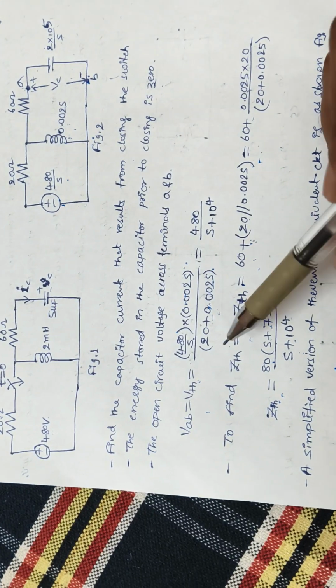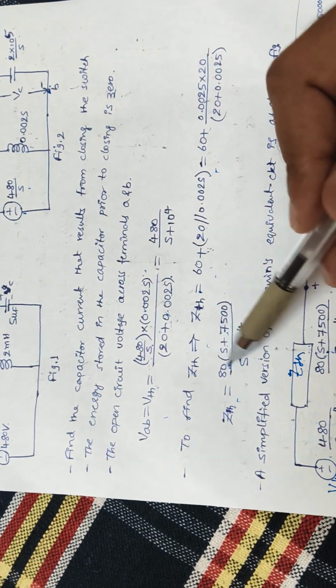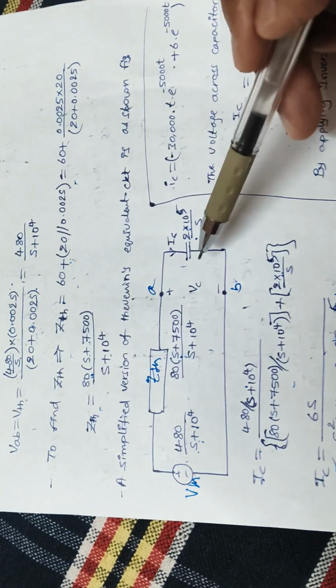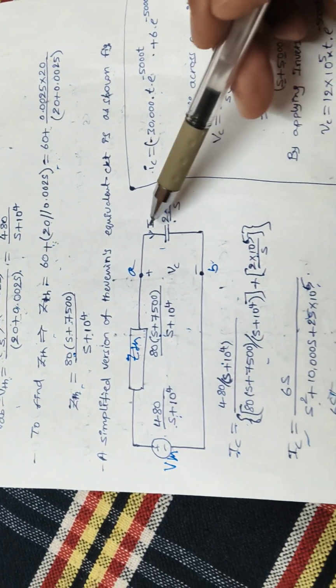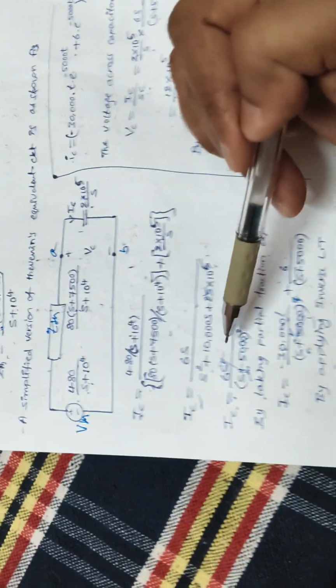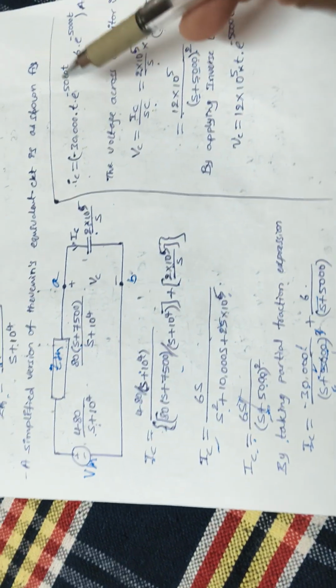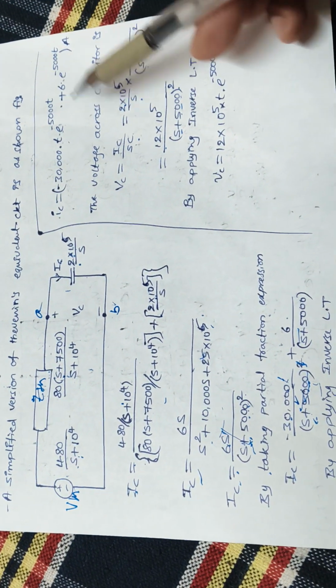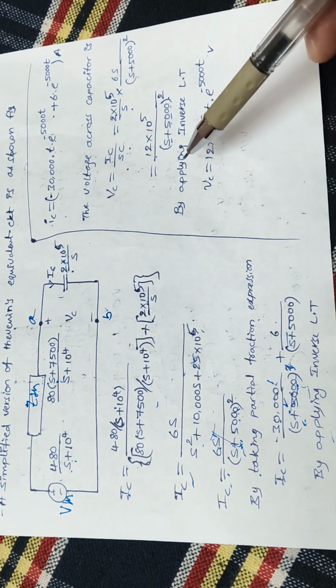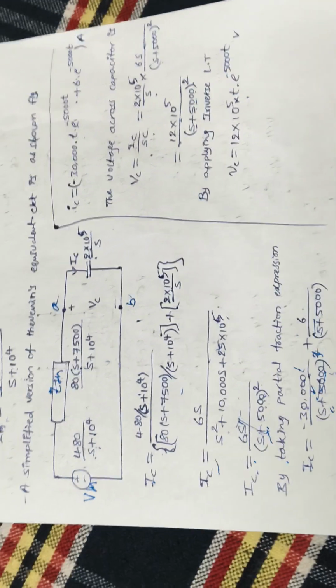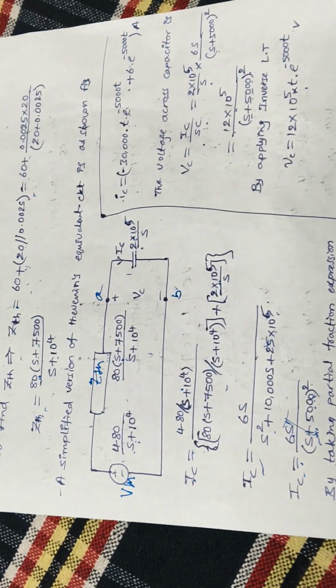Then find VTH and ZTH, redraw the Thevenin equivalent circuit diagram, and find IC. Then apply the inverse Laplace transform to get IC in the time domain. In a similar way, the voltage goes from the S domain to the time domain. So this is all about these applications. Thank you.